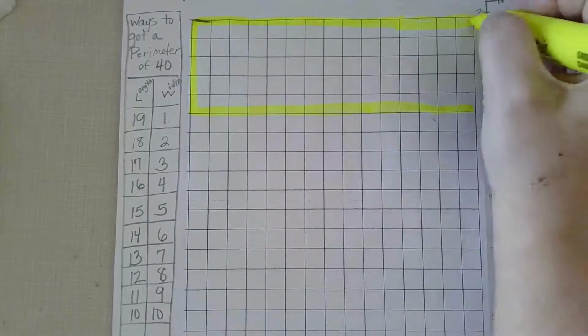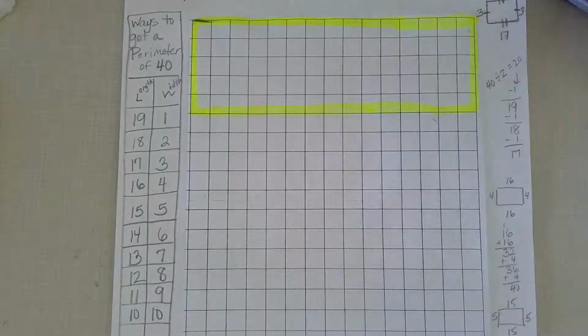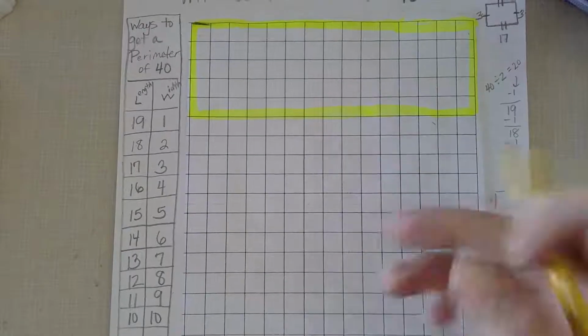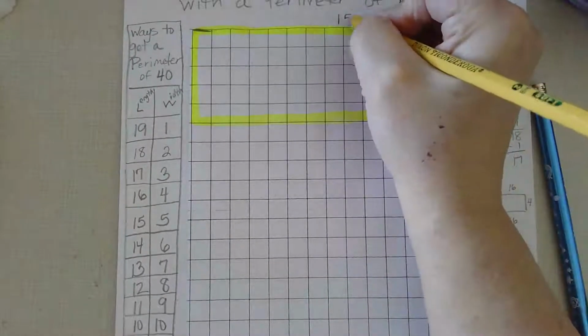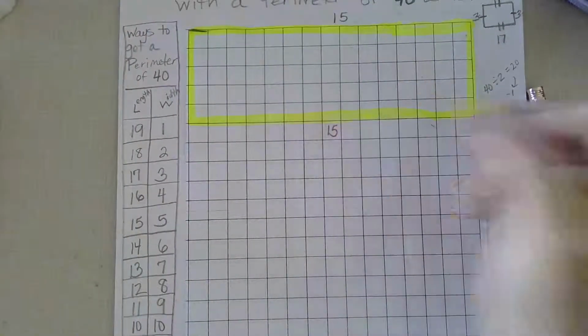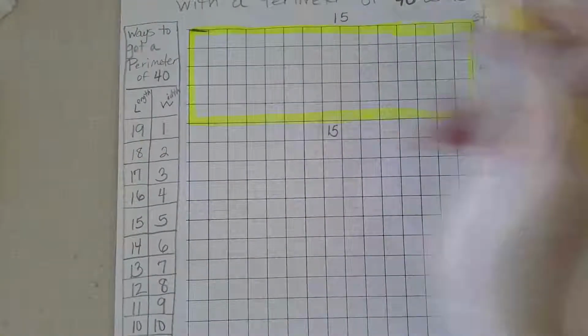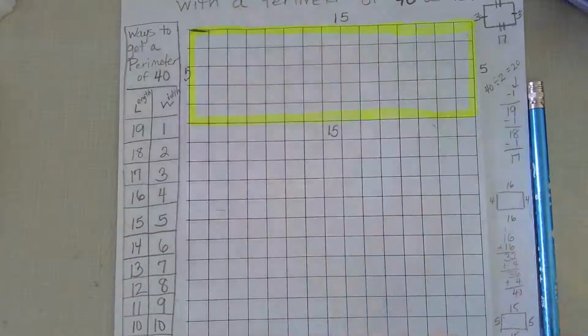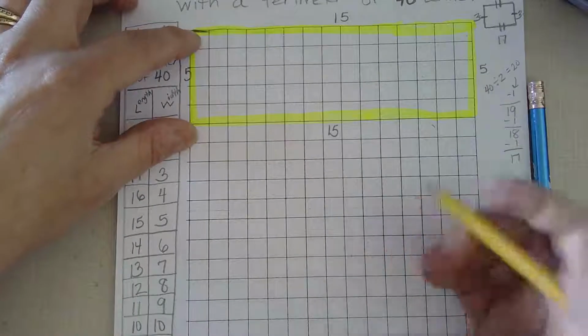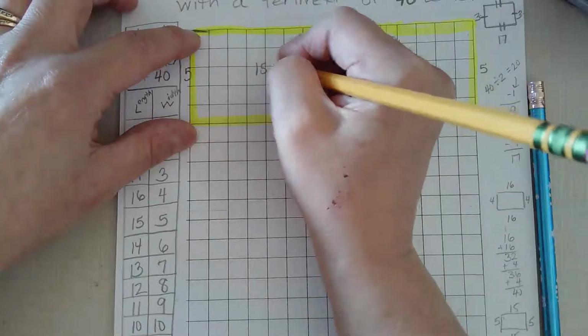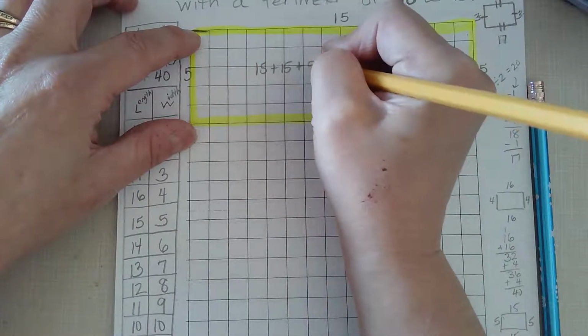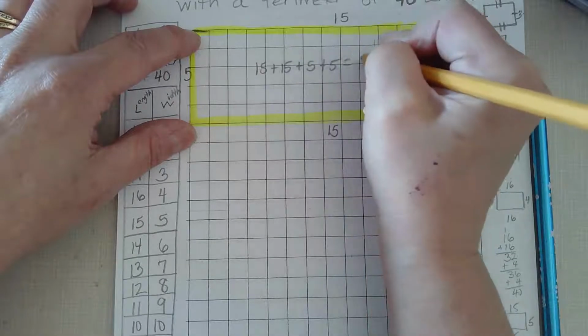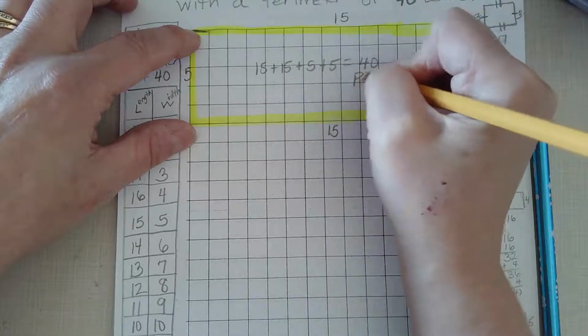But the perimeter is the outside. Okay, so this right here would be a 15 going this way, 15 going this way, 5 going this way, and 5 going that way. And when you add them all together, 15 plus 15 plus 5 plus 5, you get 40 as your perimeter.